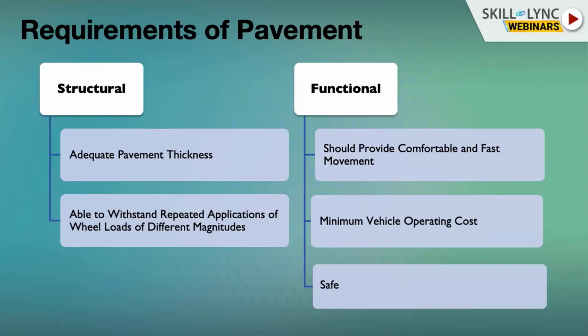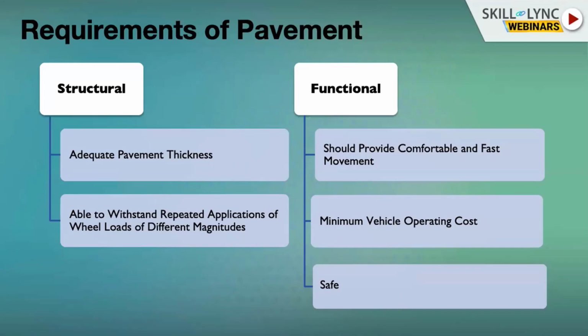Whereas if you see the structural part, the structural requirements of the pavement are that it should have adequate pavement thickness. If you don't have adequate thickness, it is going to fail faster than anticipated. And it should have enough strength to bear different magnitudes of loads.